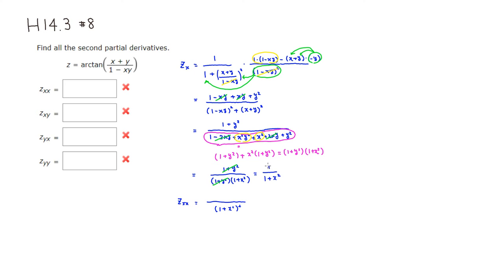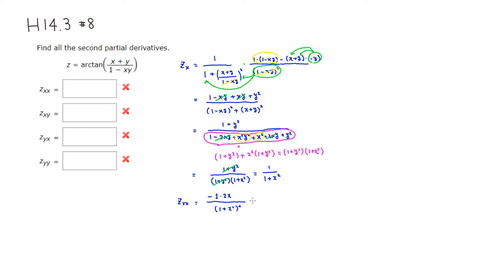Derivative of the top is 0, so I'm not going to write that. 0 times the bottom minus top, which is 1, times the partial of 1 plus x squared with respect to x, which would be 2x. So we have a 2x.